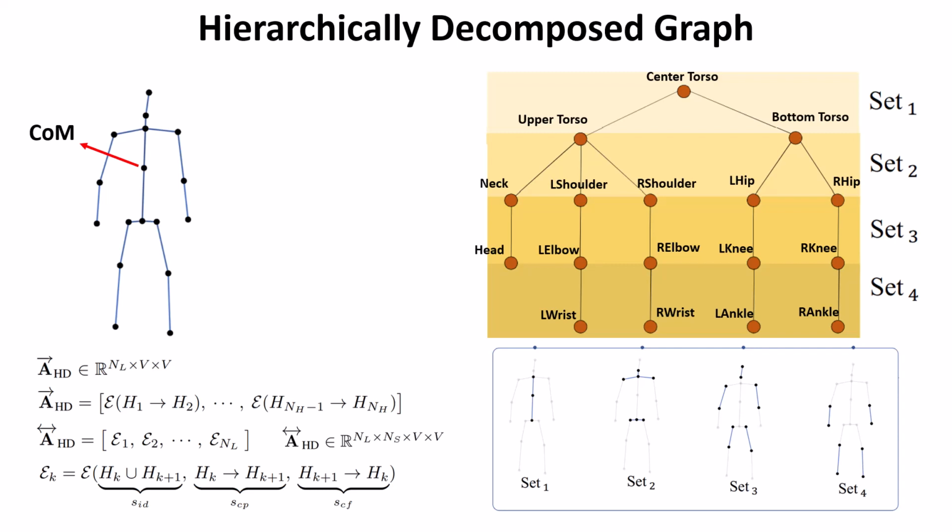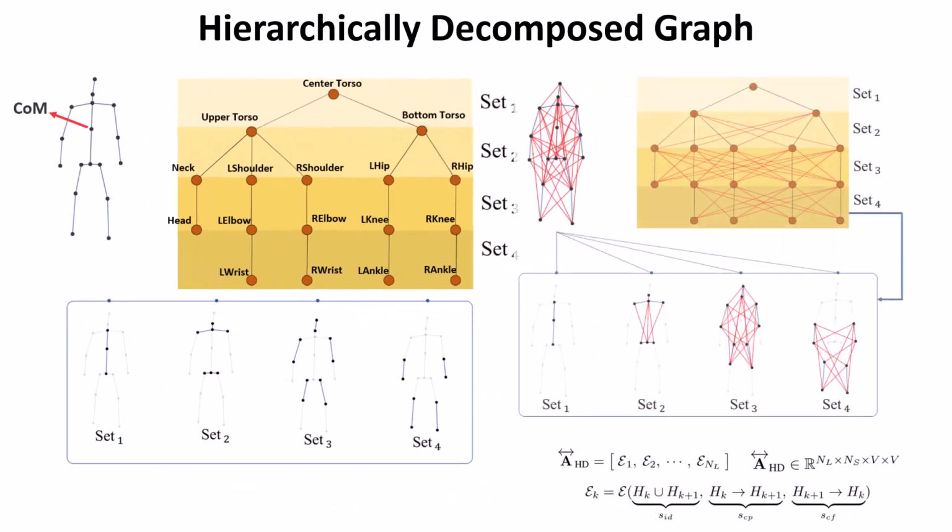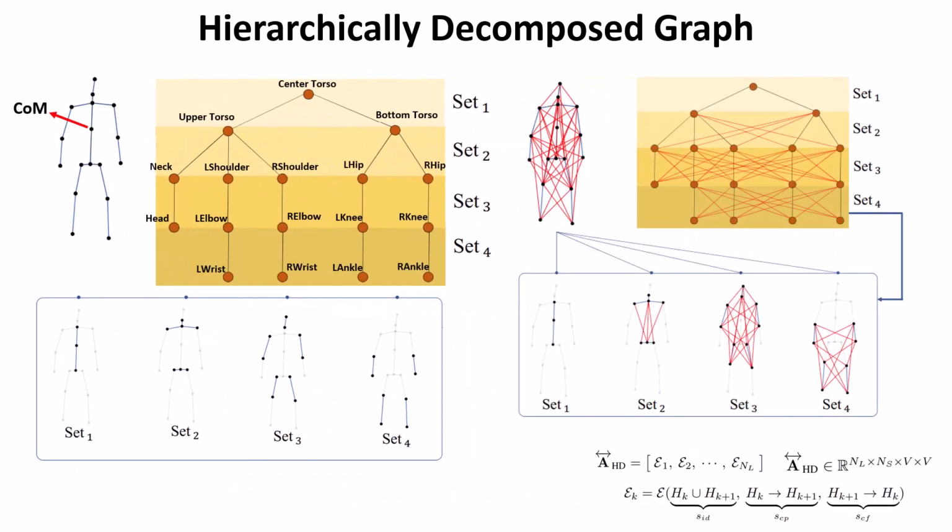But now you might ask yourself, why do we bother with this much? What's the point? Well, once we can define this tree, we can define a new set of connections, which are these fully connected connections, which is actually what is implemented in HD-GCN, where for each parent, in addition to the children of itself, it has some sort of connections to other children that belong to other parents.